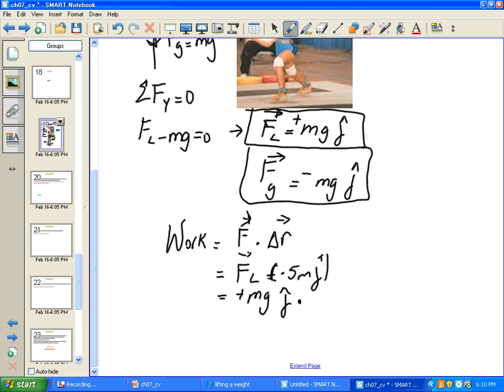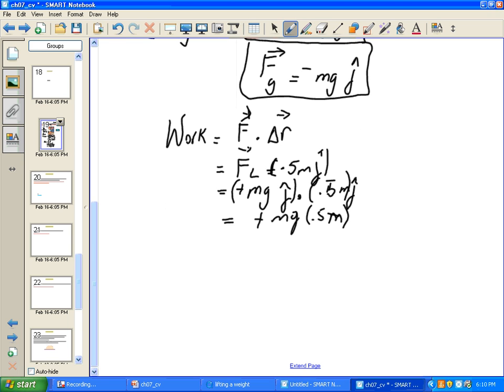We dot that with 0.5 meters in the j hat direction, and this gives us positive mg times 0.5 meters, and positive mg, we're told, is 700 newtons, and so the work done by the lifting force is 350 joules.